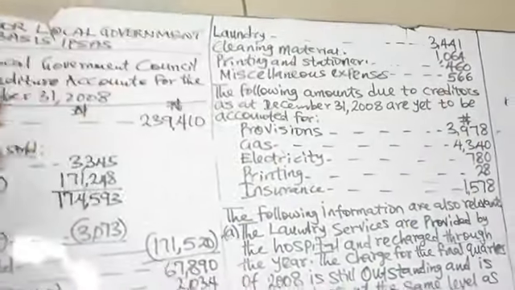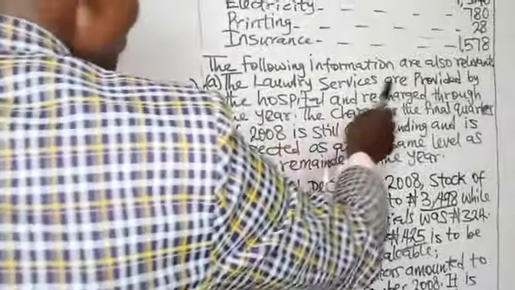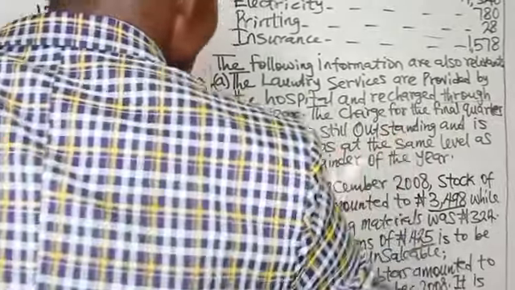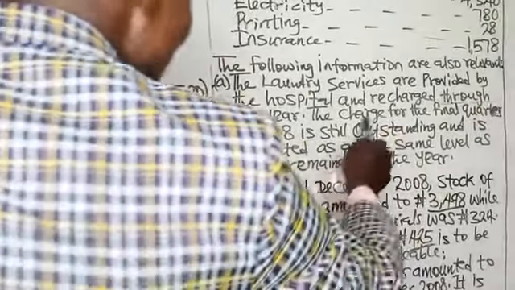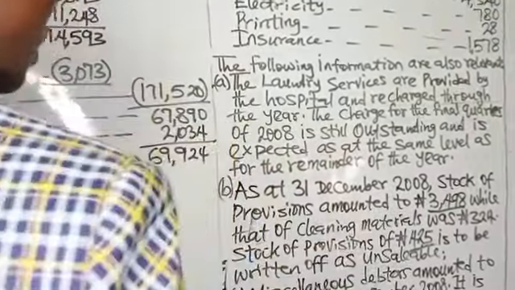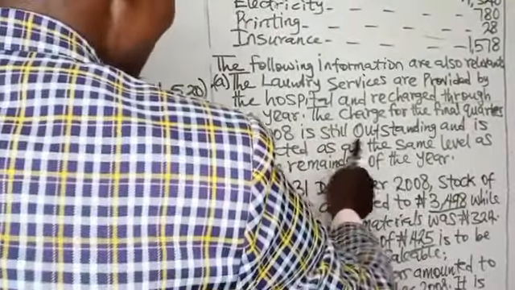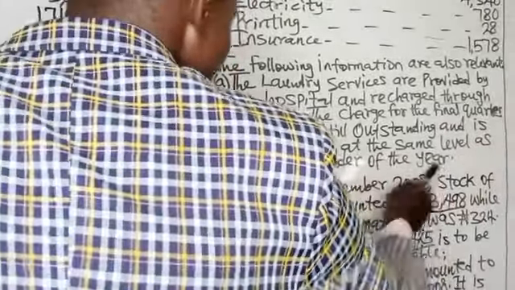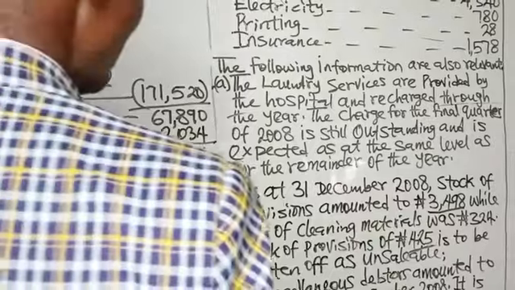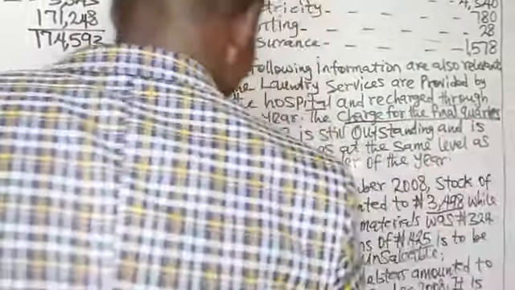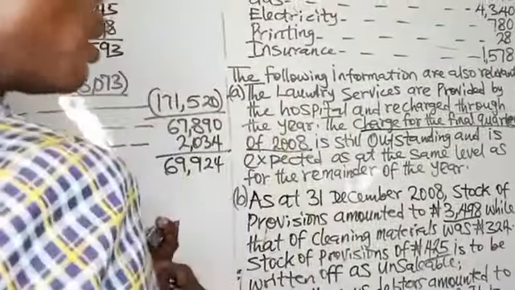Note A. The laundry services are provided by the hospital and recharged through the year. The charge for the final quarter of 2008 is still outstanding and is expected to be at the same level as for the remainder of the year. A quarter is 3 months.